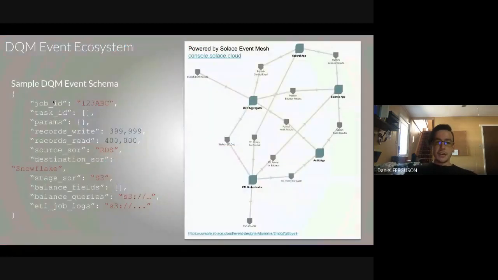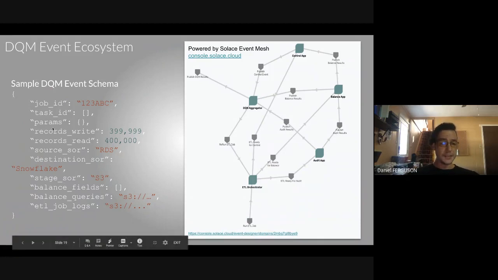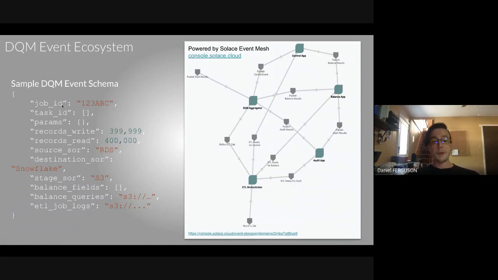So this is the sample, kind of switching gears to the event space now. This is a sample event that you could potentially send to your downstream job. This event is in JSON, and it contains the information about your ETL job that you may want to persist.